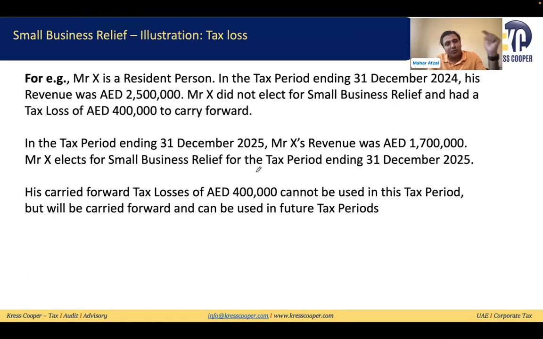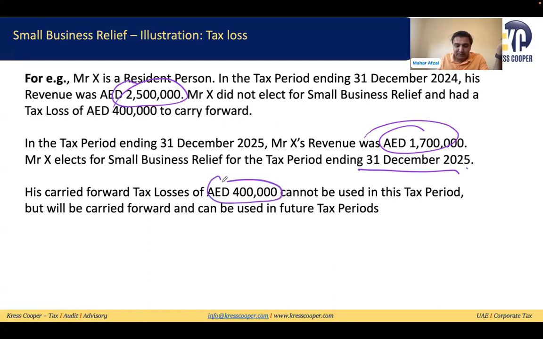Okay, previous period 2.5 million. Next period 1.7. Means they are within the threshold. Mr. X for small business for the tax period. Carry forward losses cannot be used in the tax period. These carry forward losses can be adjusted for the first year if there are, but second year cannot adjust it, because they have opted for the small business relief.